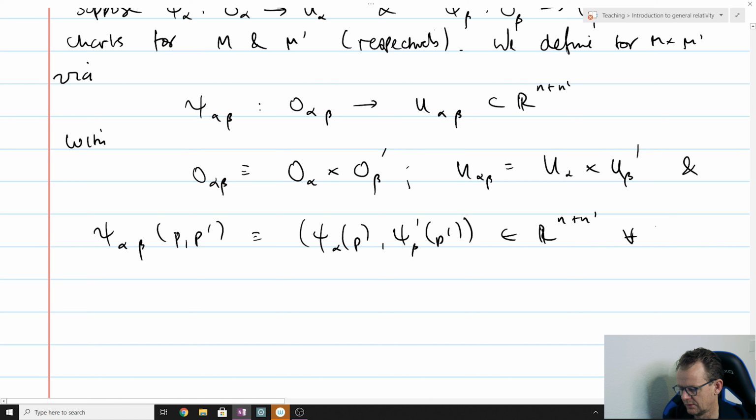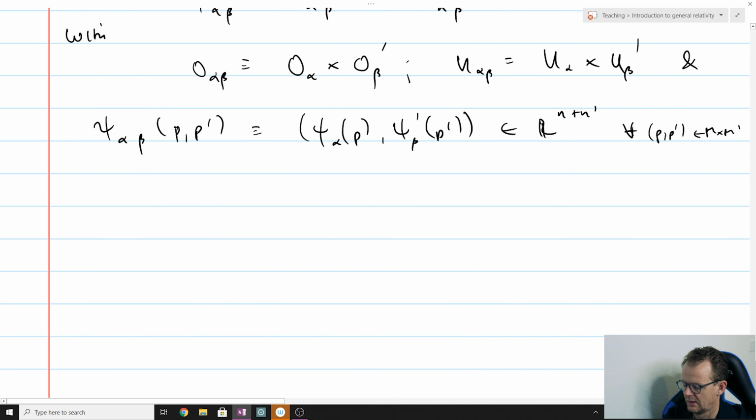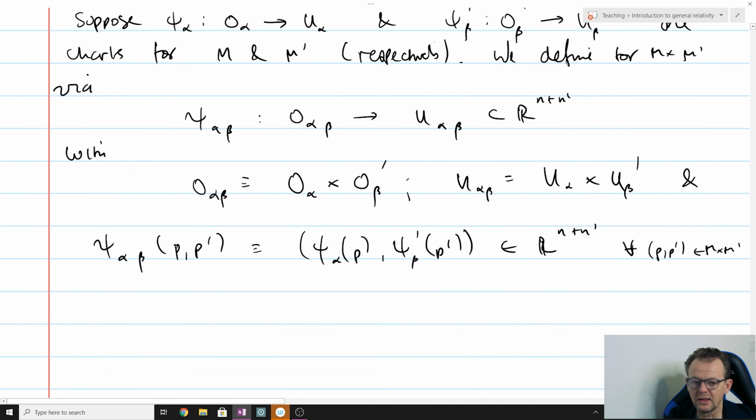And this has to hold for all pairs P, P prime in this Cartesian product set M cross M prime. Okay, that then presents enough sets to cover this new product set, and then there are enough charts, and they're all smooth. That's an exercise.